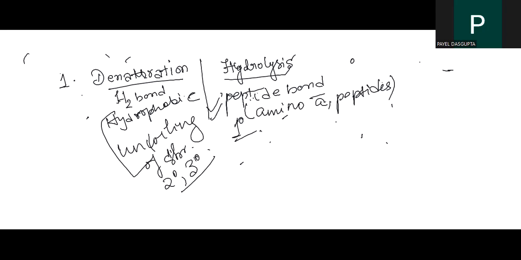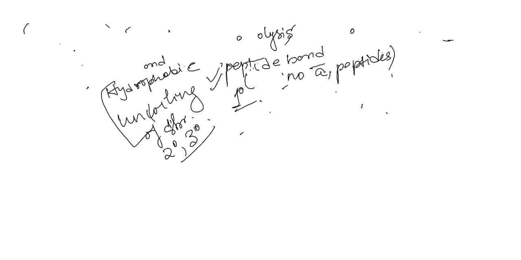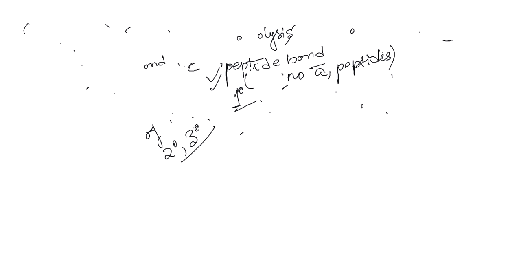I have a small question. You can find out when the egg is getting boiled, what type of mechanism takes place there? Is it denaturation or is it hydrolysis? That part you can just figure out once. It will be easy for you to identify. That is a practical application you can take.